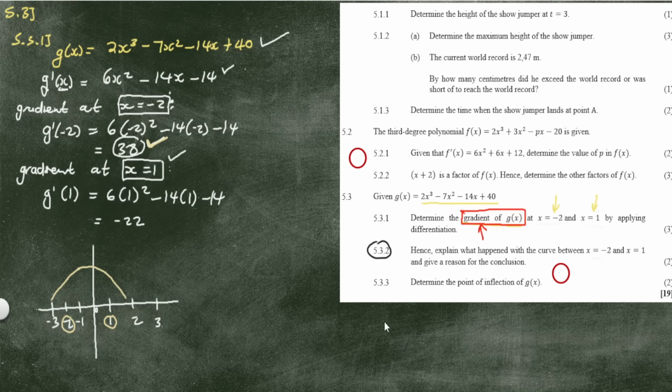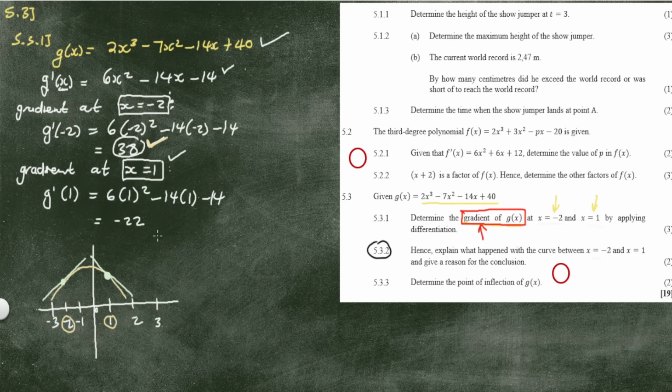So at x equal to 1 the gradient at a point on the curve is negative, meaning if you attach a tangent to that point, it slopes downwards like this. If the gradient is positive, the tangent slopes upward like this. That is why the gradient is positive, because the tangent is sloping upwards.